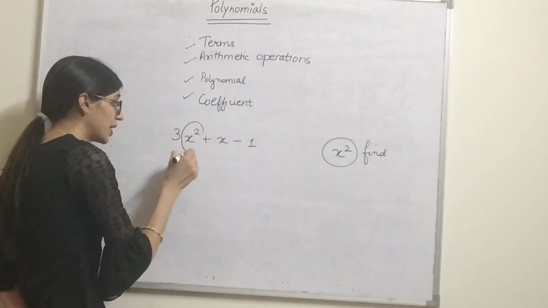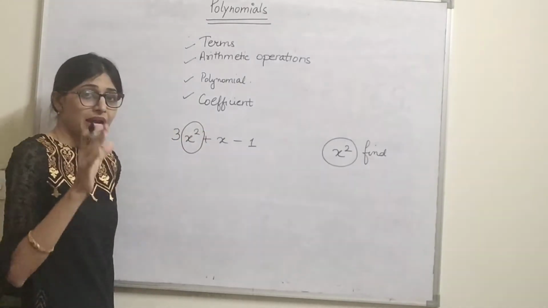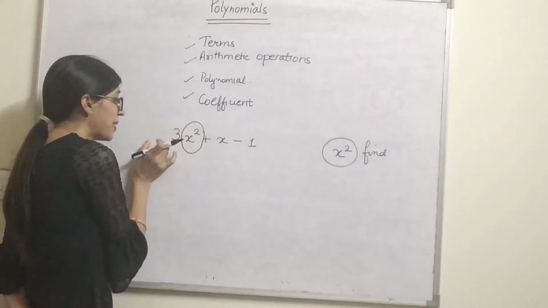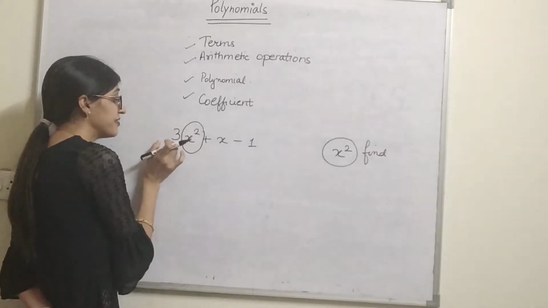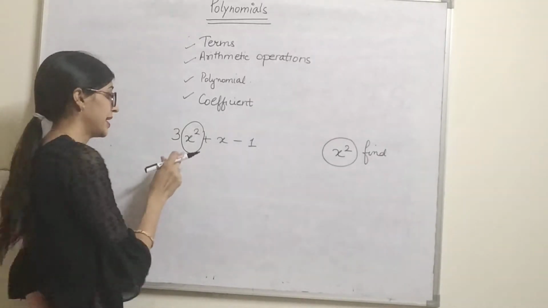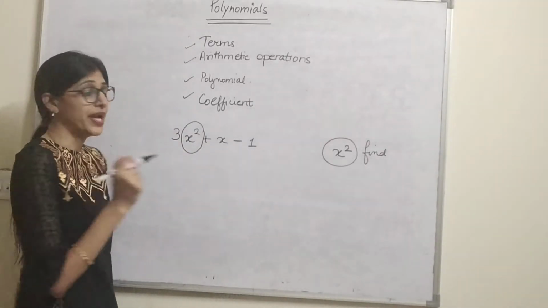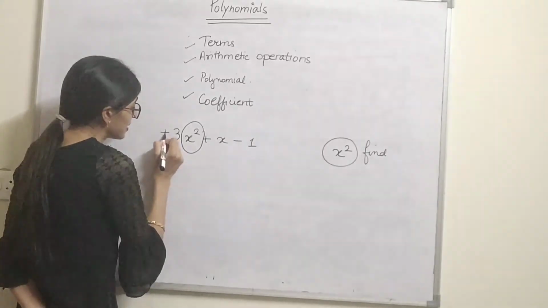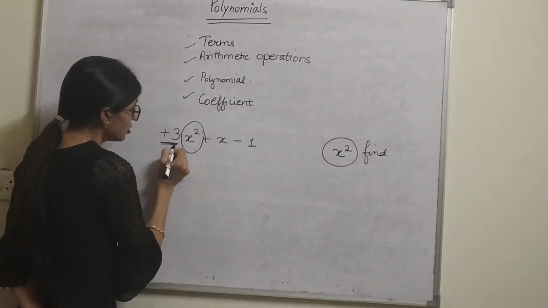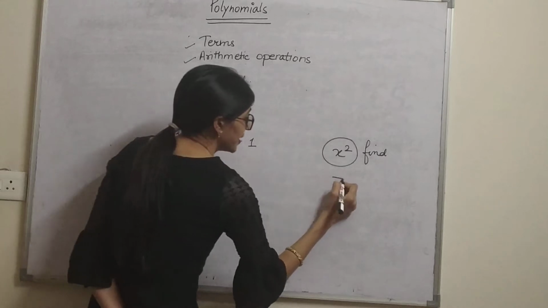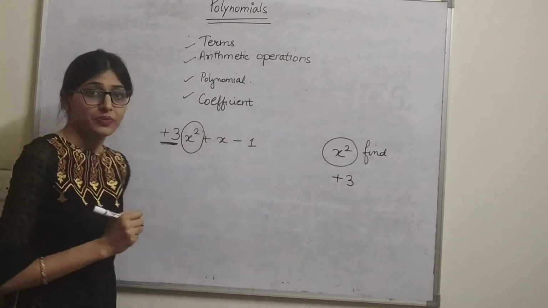Leave the x square part, and whatever arithmetic operation and whatever value is attached to the x square is the coefficient. Here plus 3 is attached to x square, so plus 3 is the coefficient of x square.